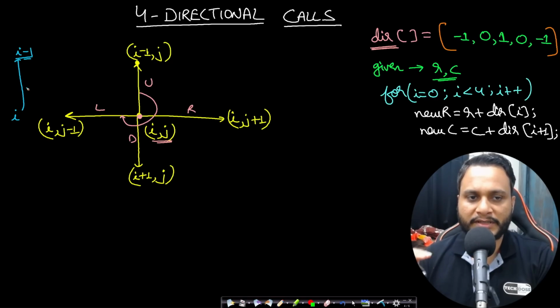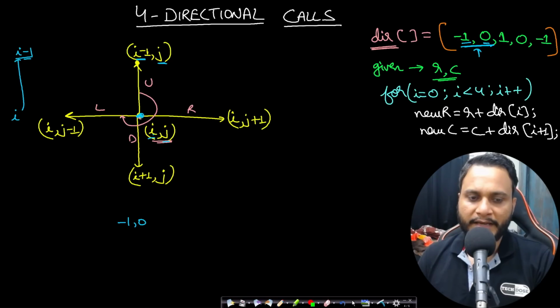So your row number is decreasing by 1, but your column number is the same. Okay, so whatever is i comma j, I am adding minus 1 to the row and plus 0 to the column. So this will be defining to your row if you add direction at 0, and to your column if you add direction at 1, then you will be going up.